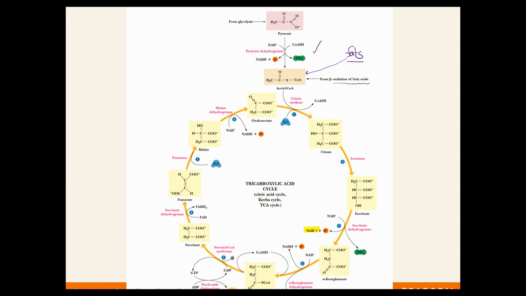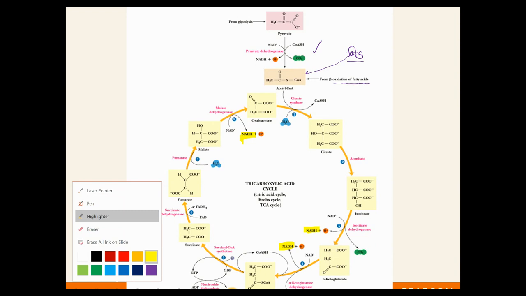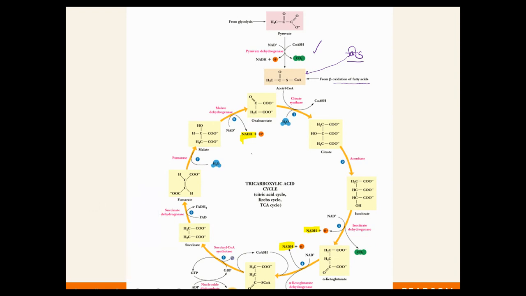NADH is formed in 3 steps. That's why I mentioned that you have 3 NADH formed for each pyruvate. So for 1 glucose, you make 2 pyruvate. 2 pyruvate make 2 NADH from pyruvate dehydrogenase to make 2 acetyl-CoAs.